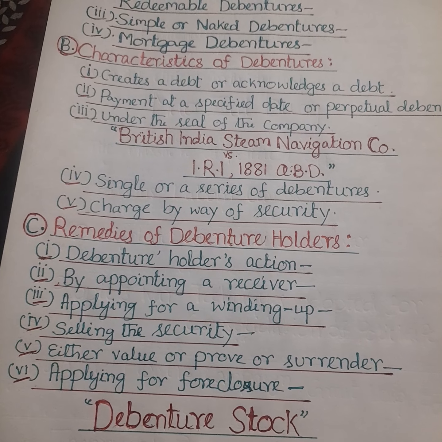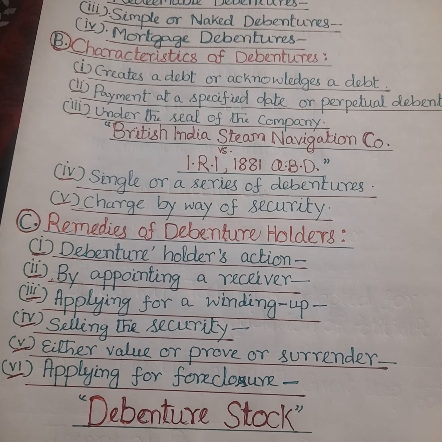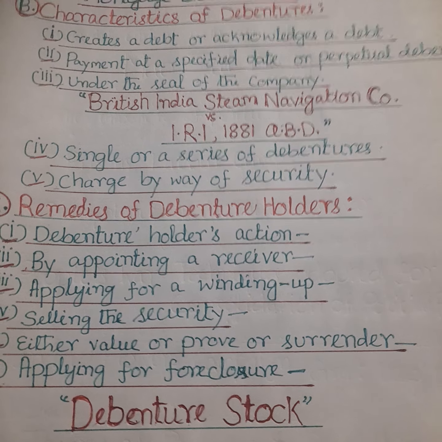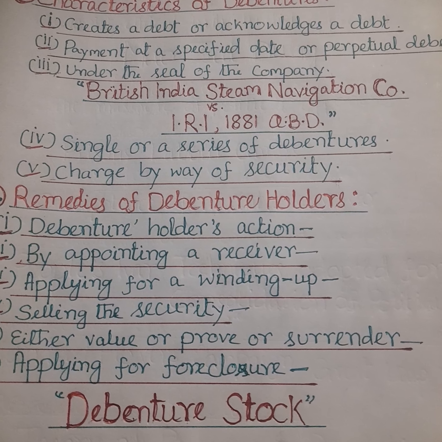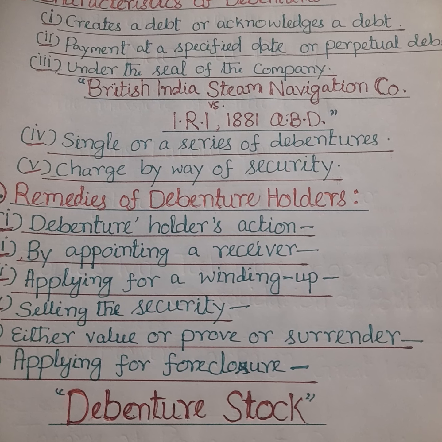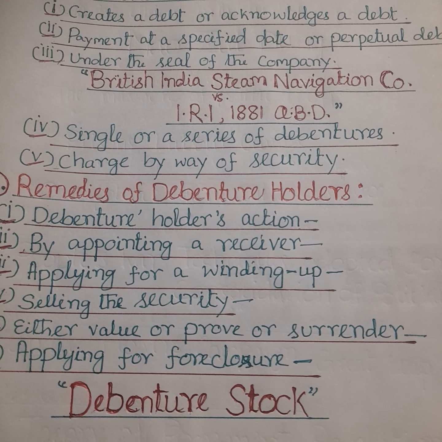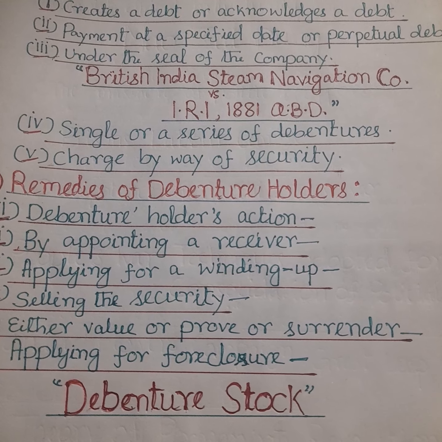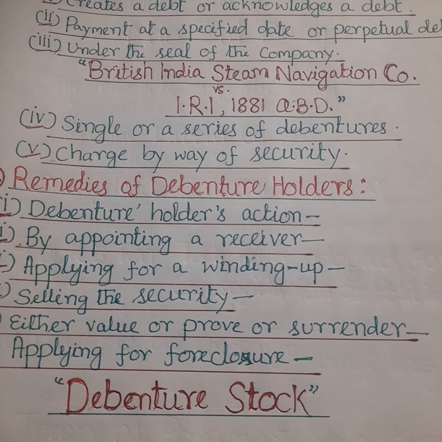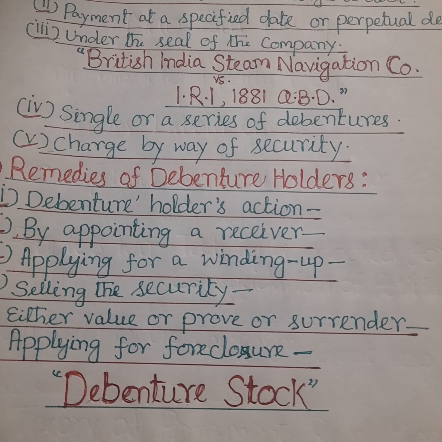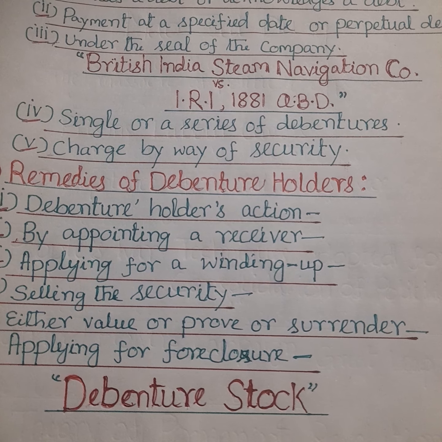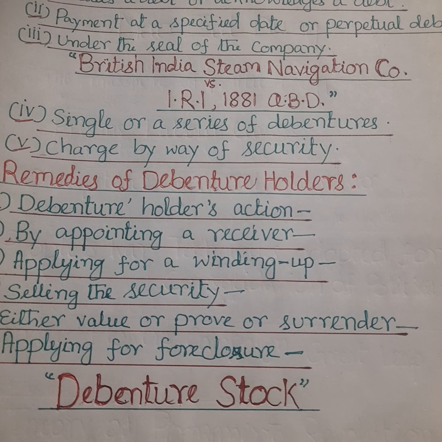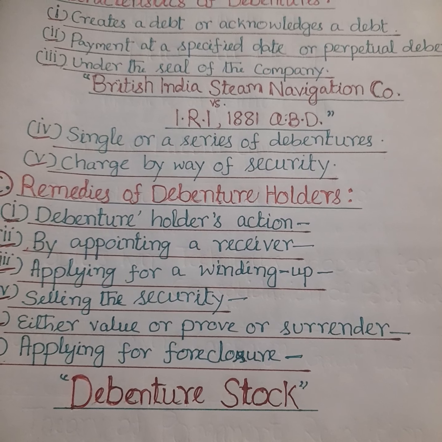So, these are the remedies available to a debenture holder in case of the failure of the company to pay the investment or the debt or the loan borrowed from the persons who are holding debentures.